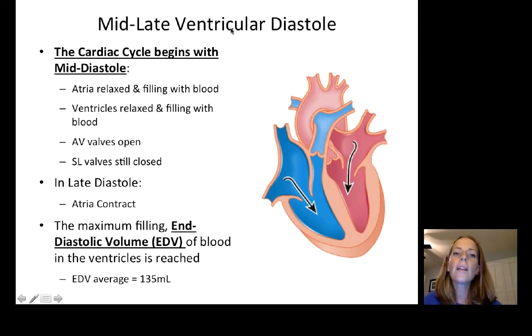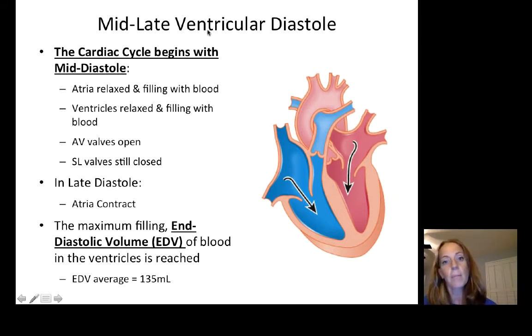So I want to talk to you guys about these terms because I think students also often get confused with ventricular, atrial, diastole, systole, etc. So generally, we have a ventricular focus. So when we say diastole, we mean ventricular diastole.